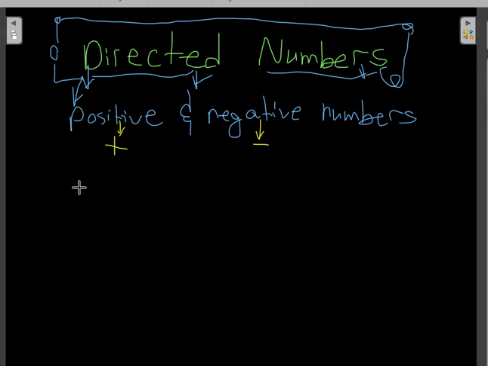Let's say we have, let's say, negative 3 plus 2. Well, I could easily tell you that the answer would be negative 1. But how did we get this negative 1?